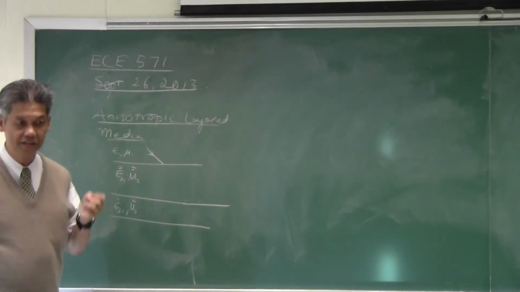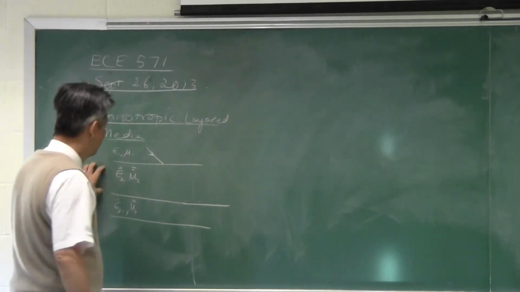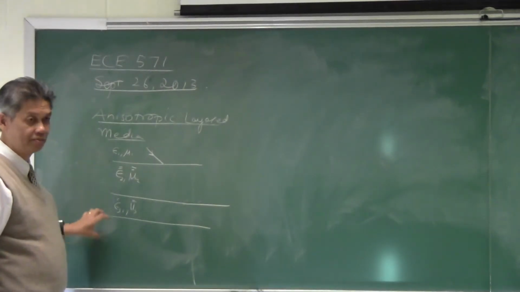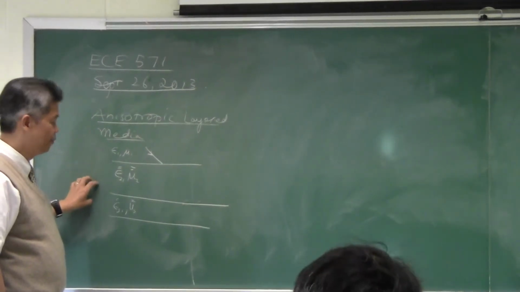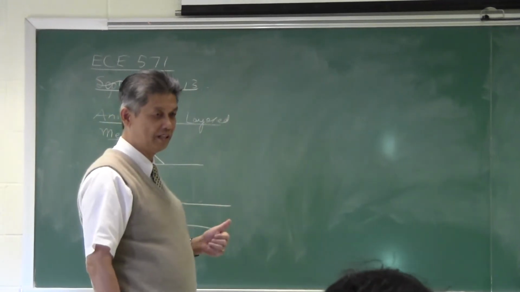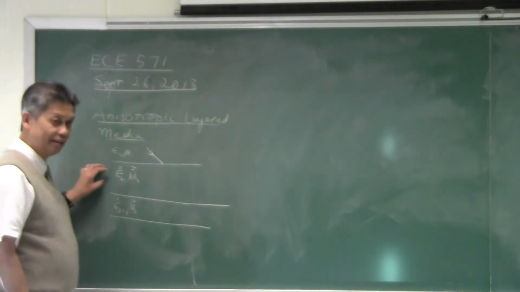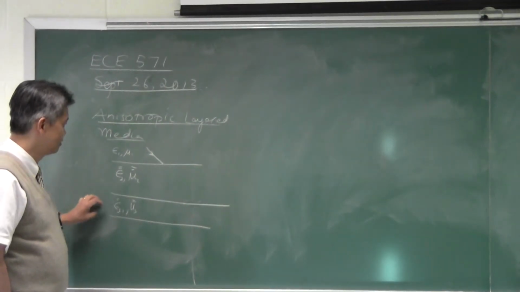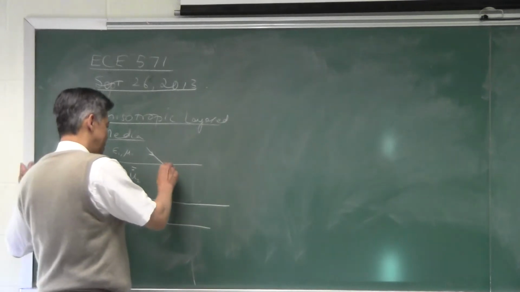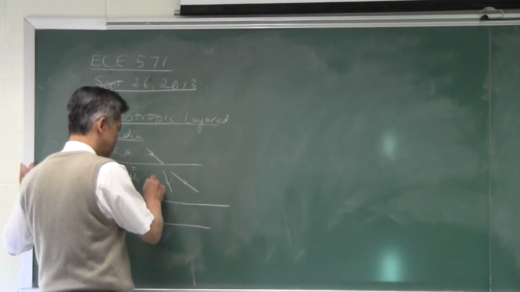The essential physics that I'd like you to know is that when we have isotropic layered medium, we have TE and TM waves. And the TE and TM waves propagate with the same phase velocity and the same k vector. But if you have an anisotropy, such as this one, the TE and TM waves are split in two kinds of waves called type 1 and type 2 waves.